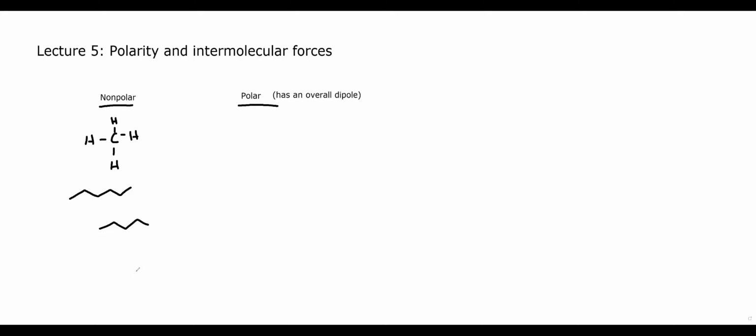Or we could have things like carbon tetrachloride, CCl4. I'll draw that over here. This, like the example we just saw previously, has dipoles in every direction away from carbon, which means that the overall dipole is 0. All these dipoles cancel each other out, okay?